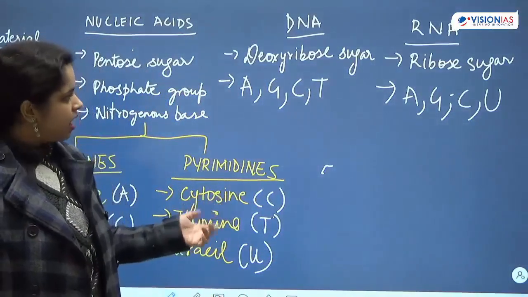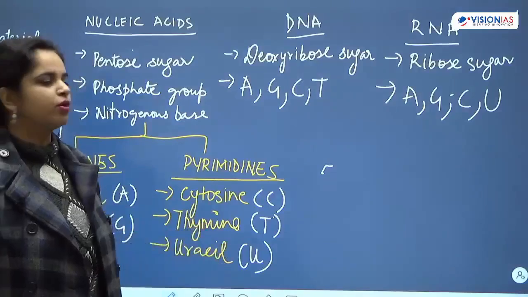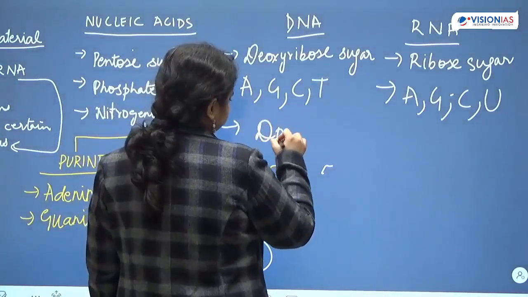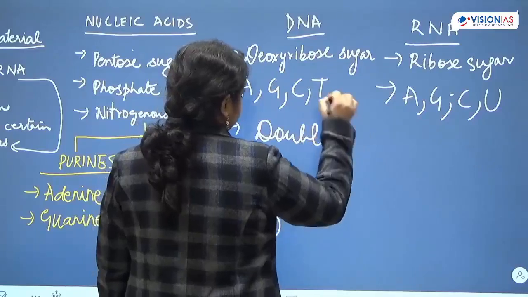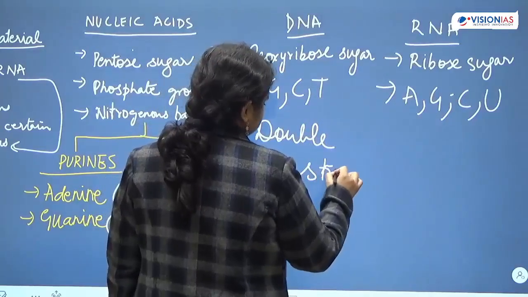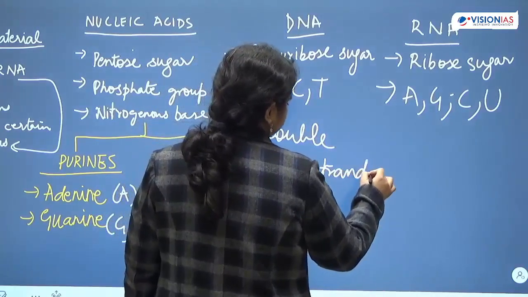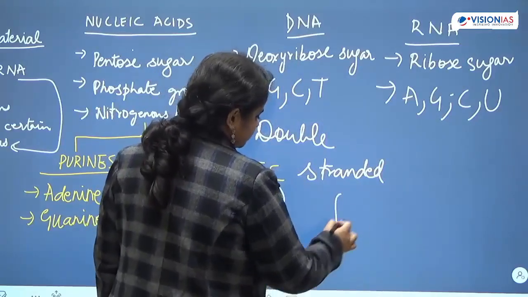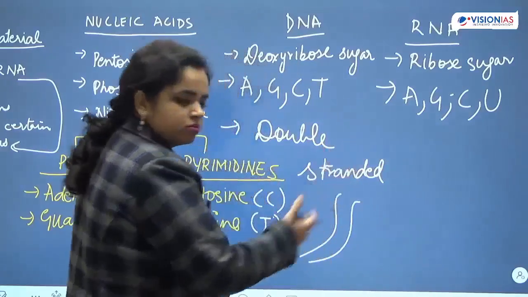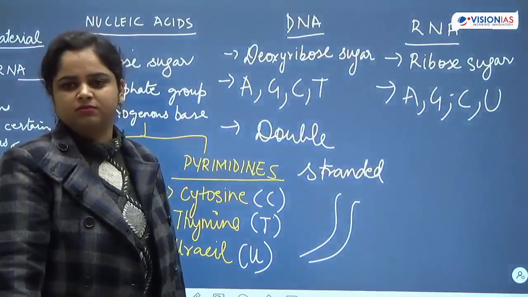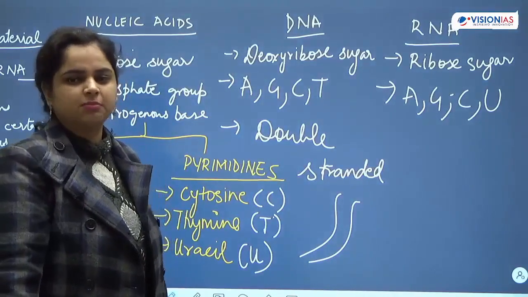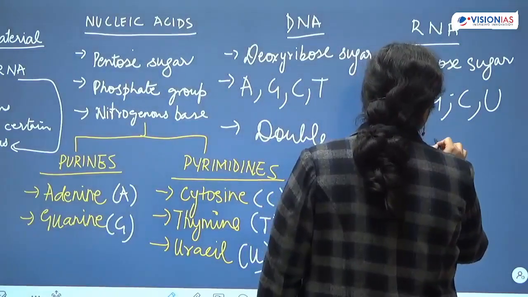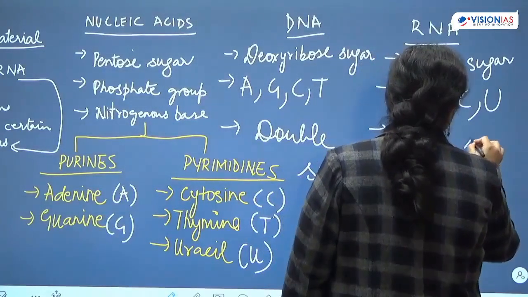Okay. Now, there is one more point of difference which is mostly true. DNA is double-stranded. What does that mean? It means it will be in the form of two parallel ribbons, two strands, and RNA is single-stranded.